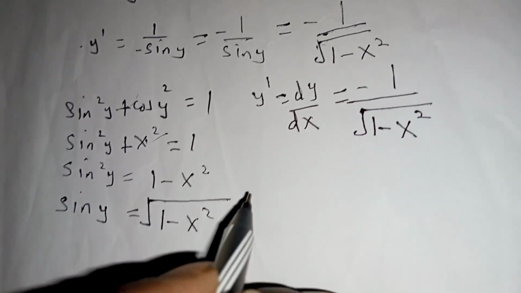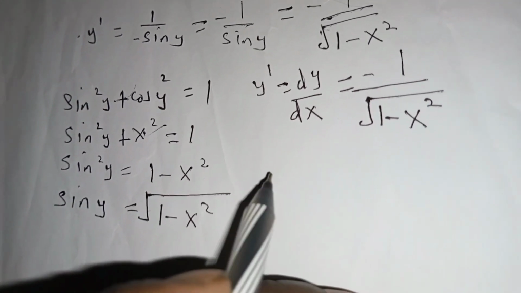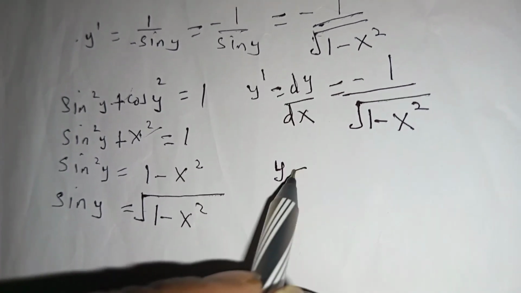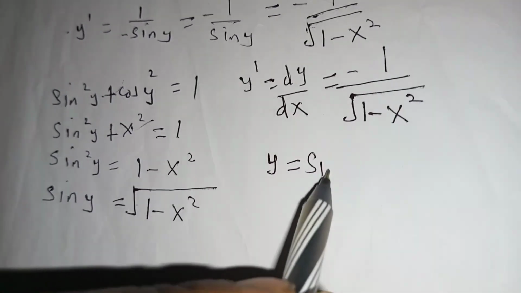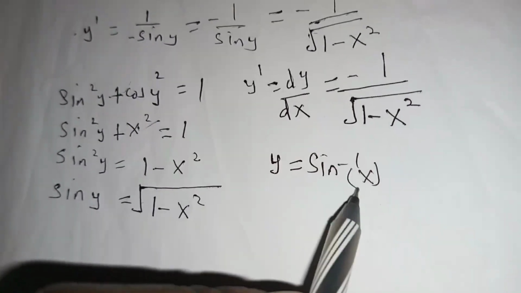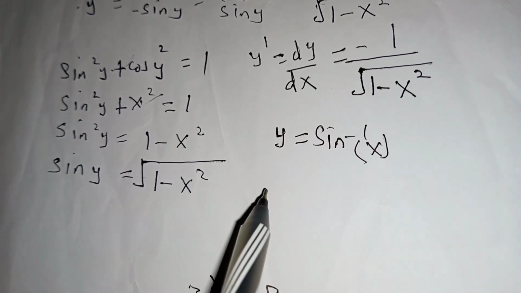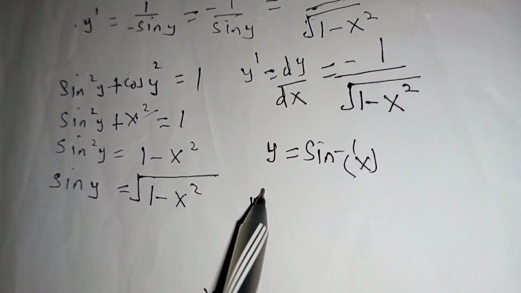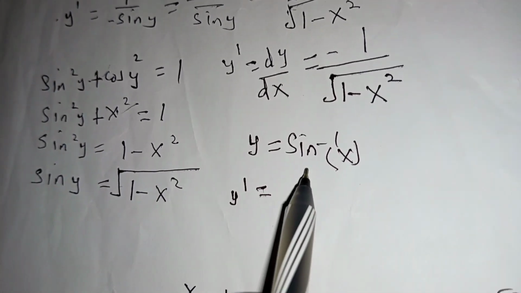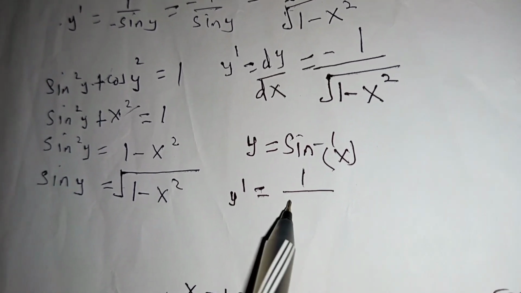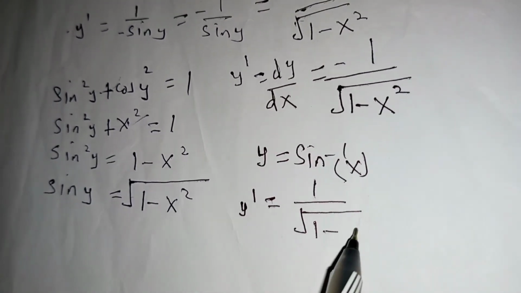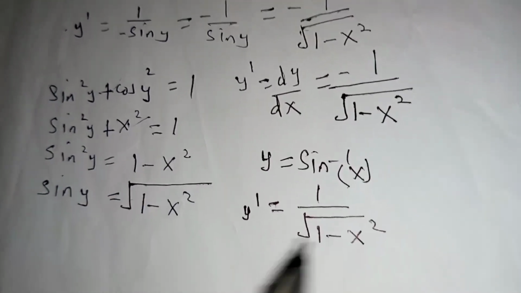So viewers, I request you to suggest how you can obtain the derivative of y is equal to sine inverse of x. You can check my YouTube channel, which I have already done, and we found out that dy over dx will be equal to 1 divided by square root of 1 minus x squared.